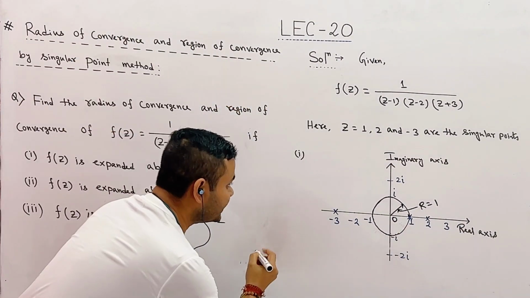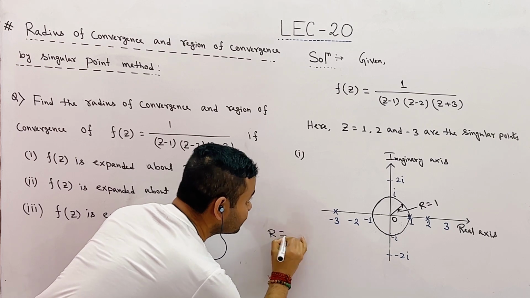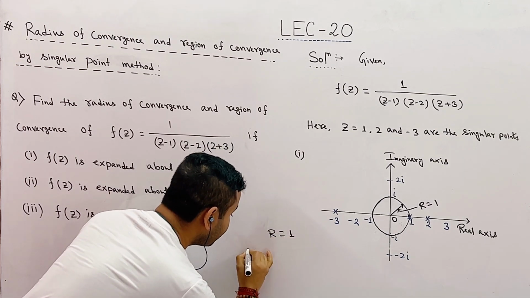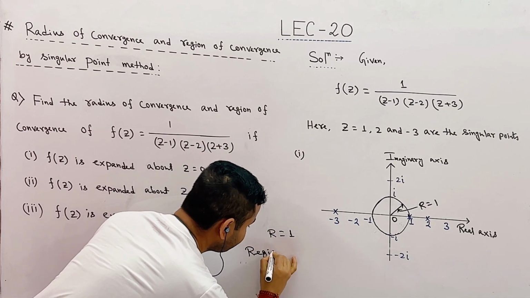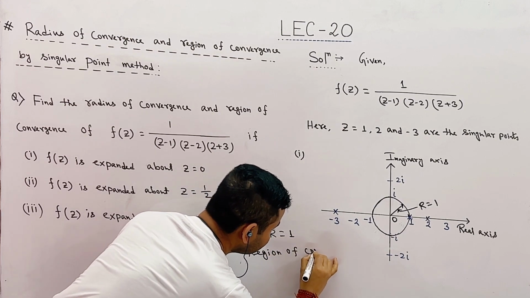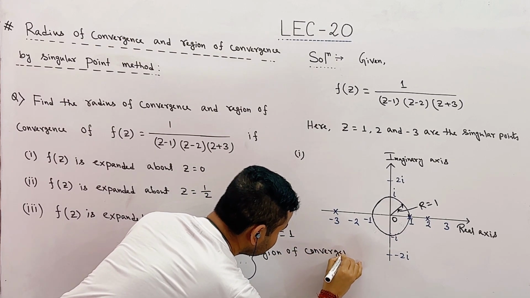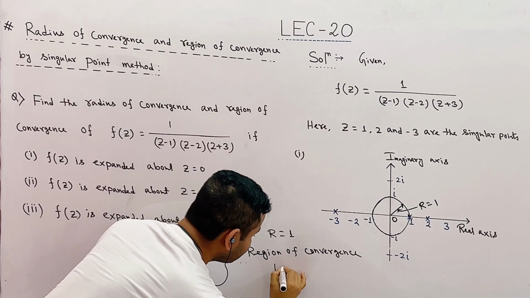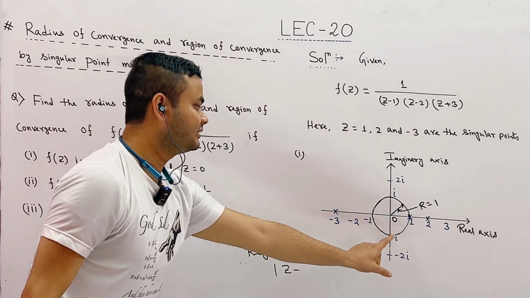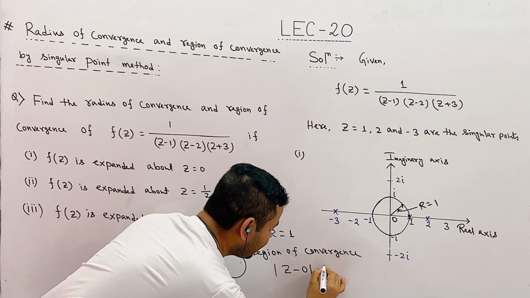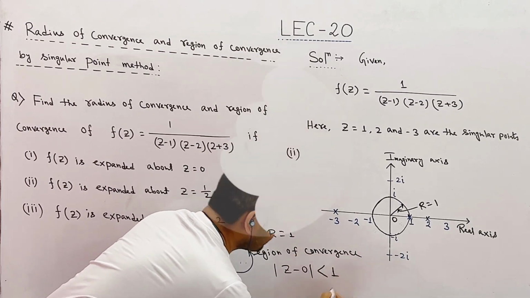So therefore the radius of convergence is r equal to 1 and the region of convergence will be modulus of z minus z naught, here z naught equal to 0, less than r, whose value is 1.